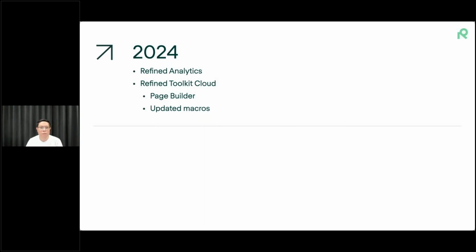And finally, be on the lookout for updated macros in Refined Toolkit Cloud, where you'll be able to unlock new designs and more editing options. In addition, the page builder will also be available for Refined Toolkit Cloud.